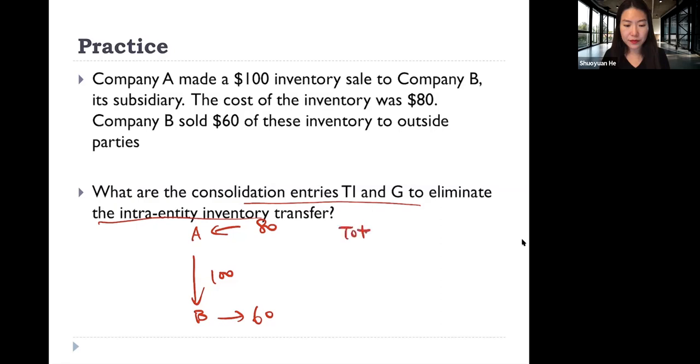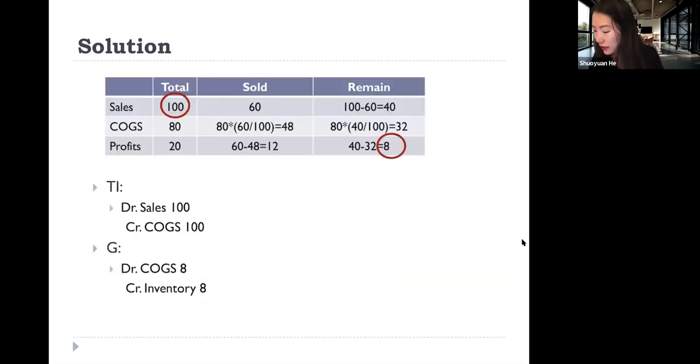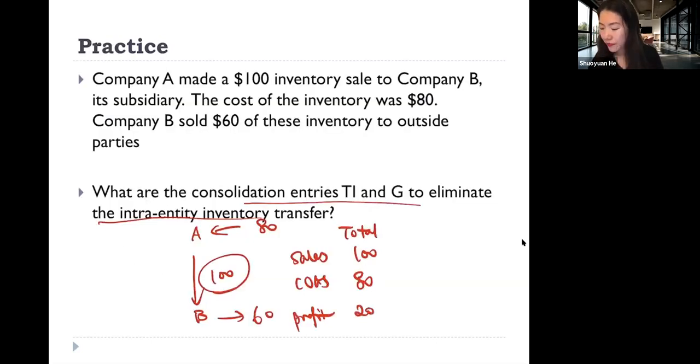So the total intra-entity inventory transfer, the total sales, is 100. The total cost of goods sold is 80. So the total profit, if everything has been sold, is 20. And then how much has been sold? 60 has been sold. What is the cost associated with this 60?